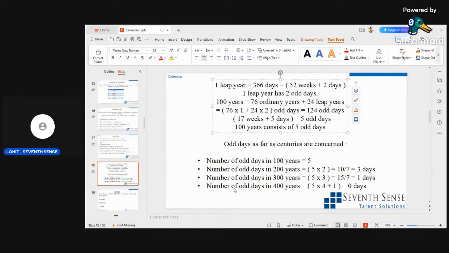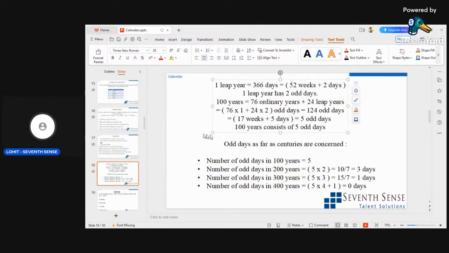The next part is, now we are going to calculate for 100 years, as I have written here. Number of odd days in 100 years, in 200 years, in 300 years, in 400 years. So we are going to calculate for the first 100 years, that means from 0 to 100.